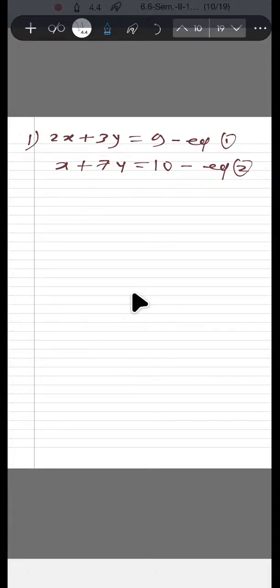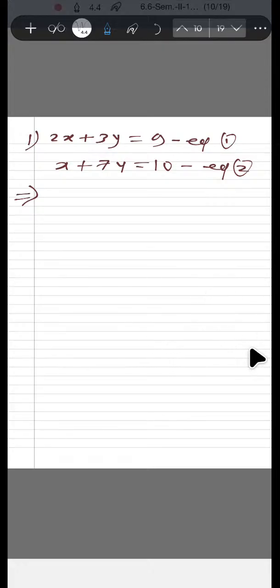Here you can see the equations: 2x plus 3y is equal to 9, and x plus 7y is equal to 10.